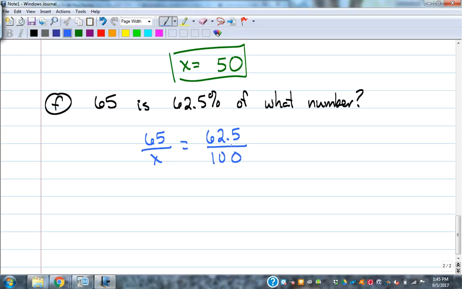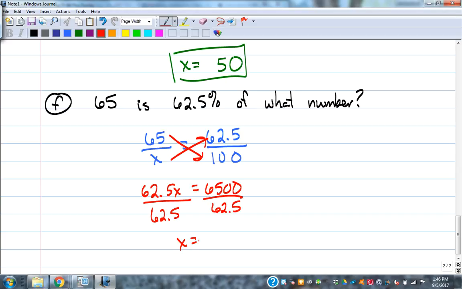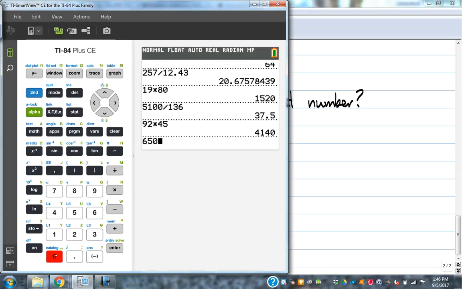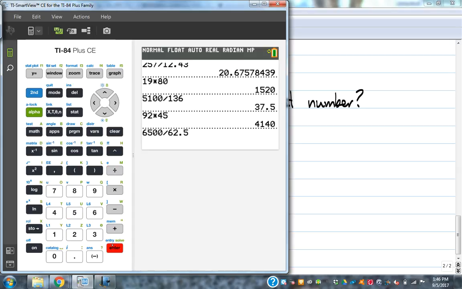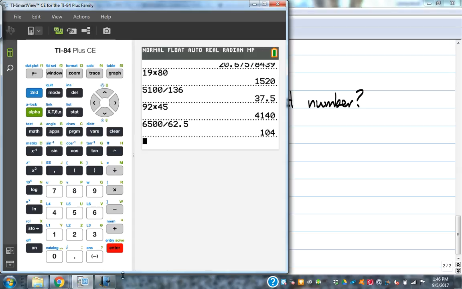Good job. 62.5 over 100 and 65 over x. Cross multiply and divide. 6,500 divided by 62.5. 104.